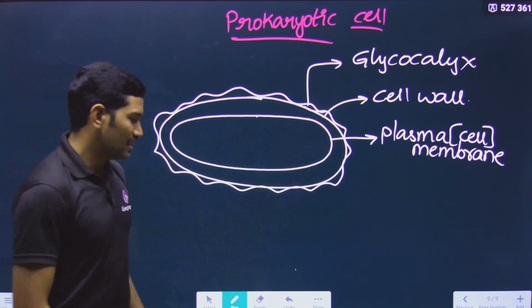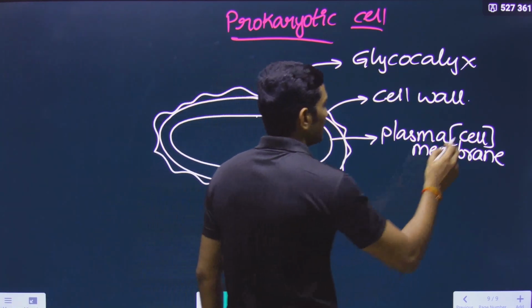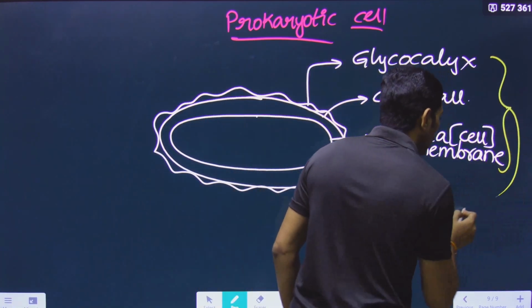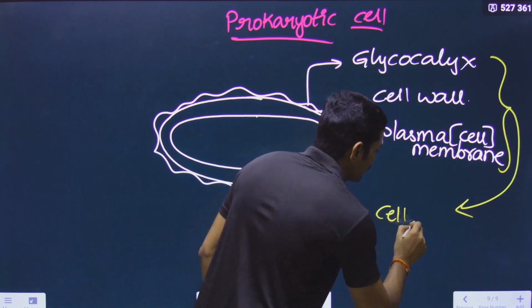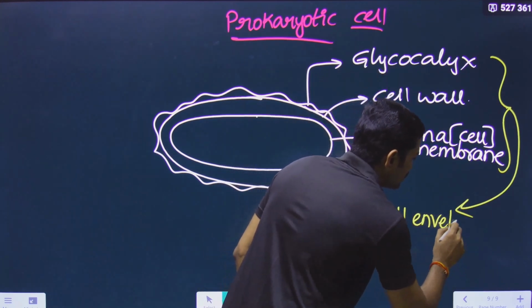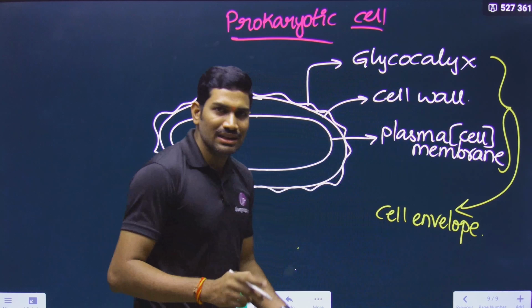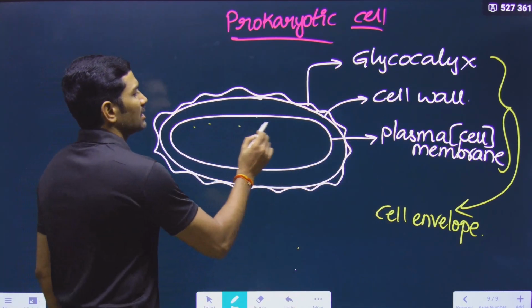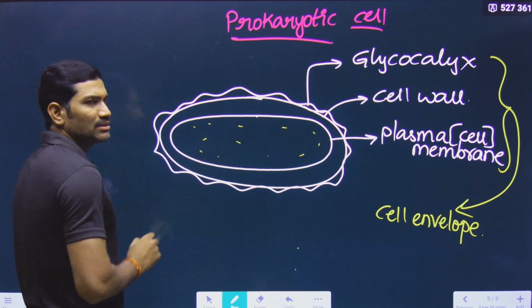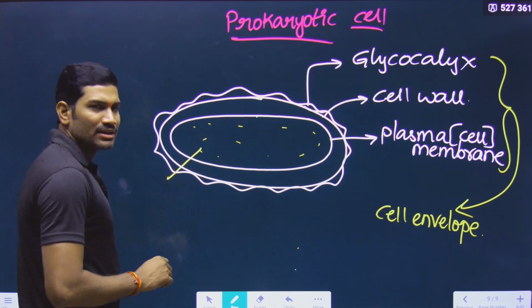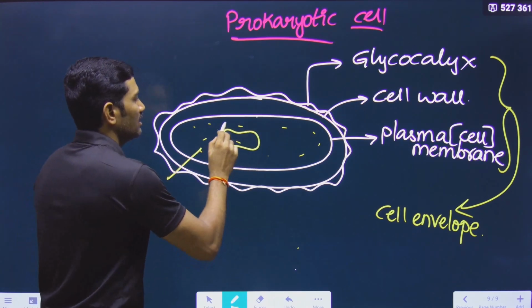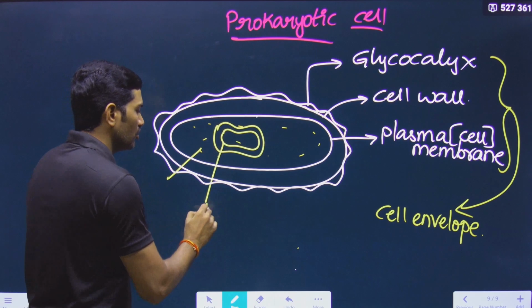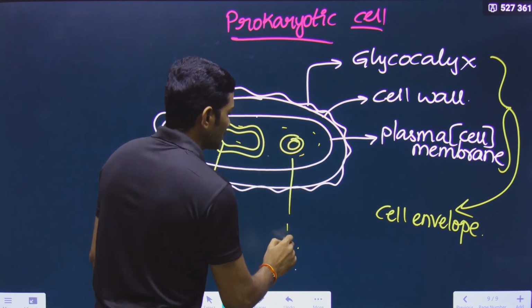So these are the three layers, and these three layers combinedly are called as cell envelope. So in this lecture, first we will start with cell envelope. Anyhow, this is the cytoplasm. Inside the cytoplasm, fluid matrix is called cytosol, and then there is a DNA. It may be nucleoid or plasmid. Yes or no?